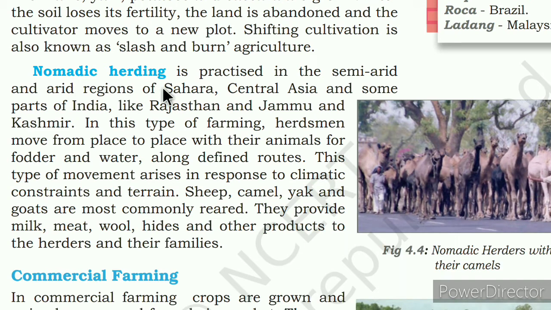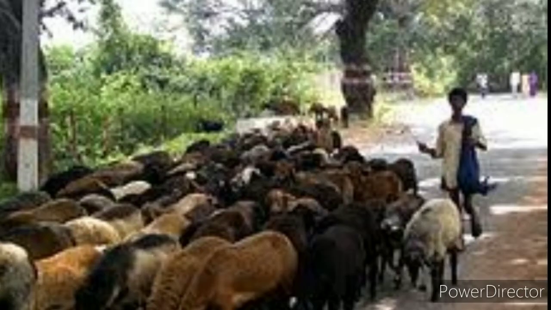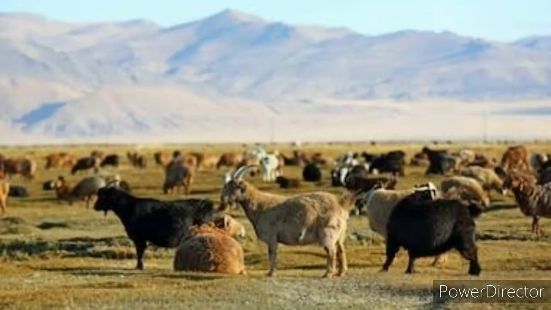Next, nomadic herding. What is nomadic herding? It is practiced in the semi-arid and arid regions of the Sahara, Central Asia, and some parts of India, like Rajasthan and Jammu and Kashmir. In this type of farming, herdsmen move from one place to another with animals for food and water along defined routes.